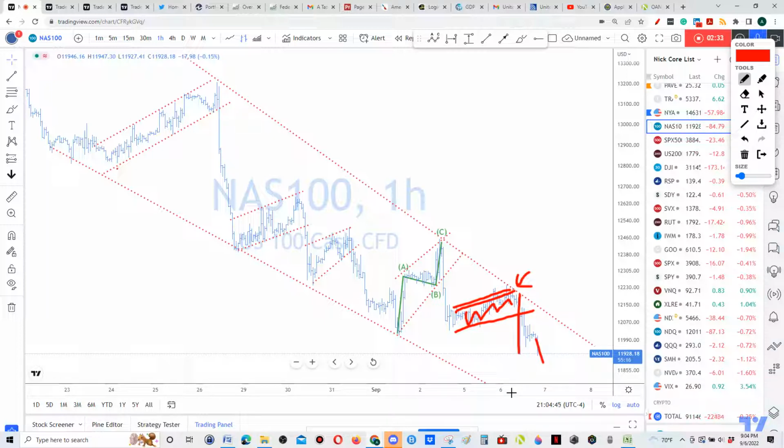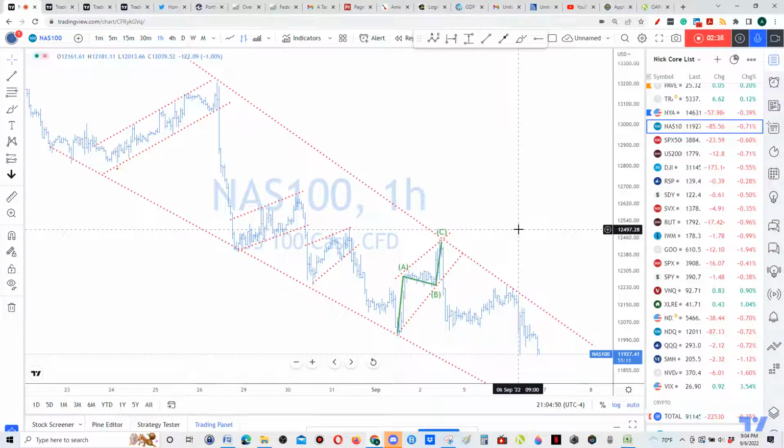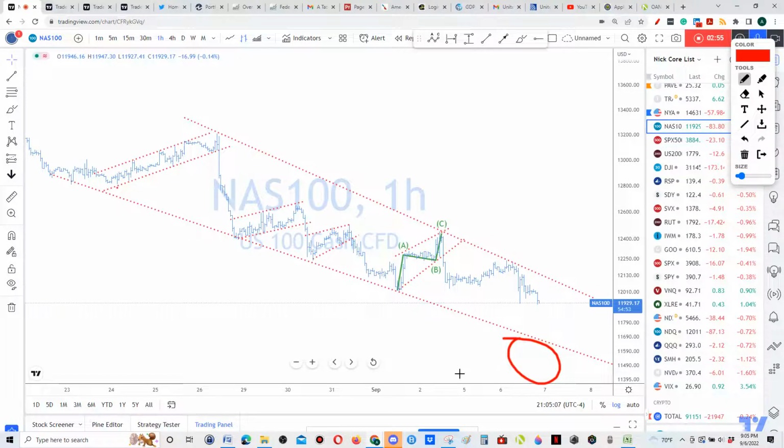In a bear market, that tells us it corrected to the upside, failed, and expanded the bigger structure, and now the next likely move is that it's going to break down through the bottom. That's the next likely scenario.